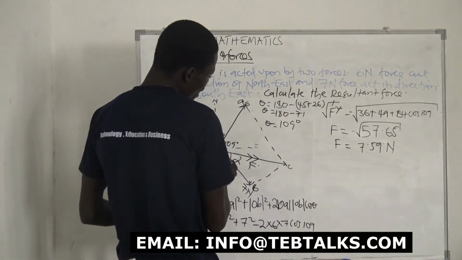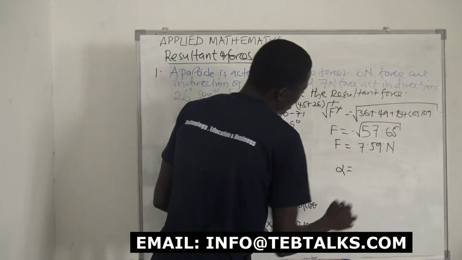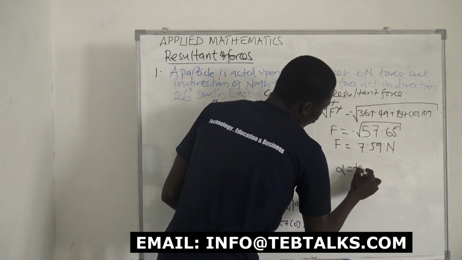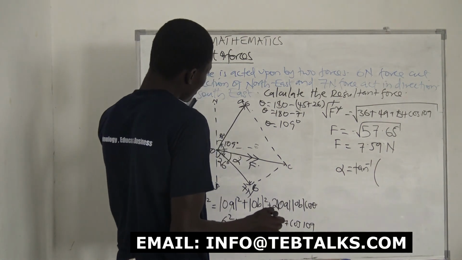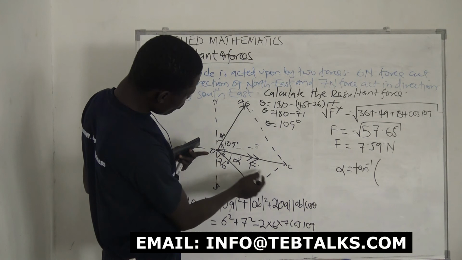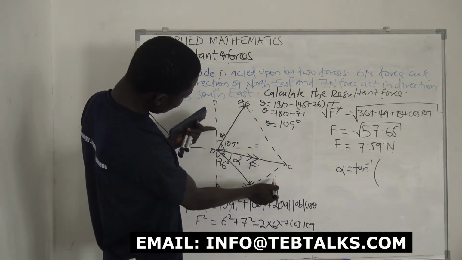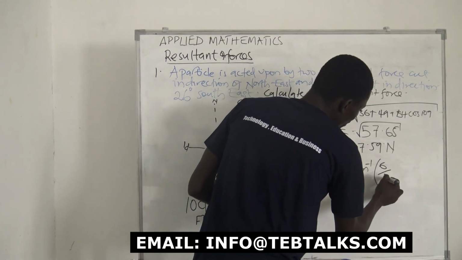Then we need to get the alpha. Our alpha is given by tan arc of force out of, now which force, what is the opposite? The opposite becomes this force out of adjacent, which is 6 out of 7.